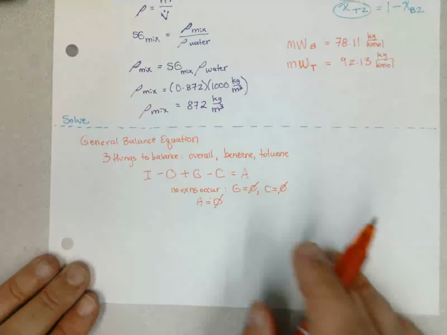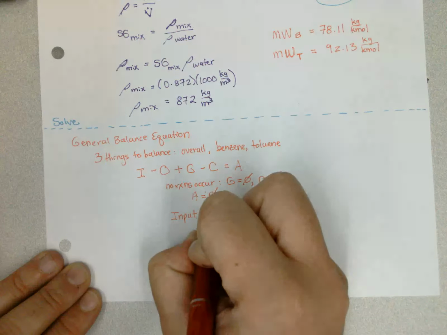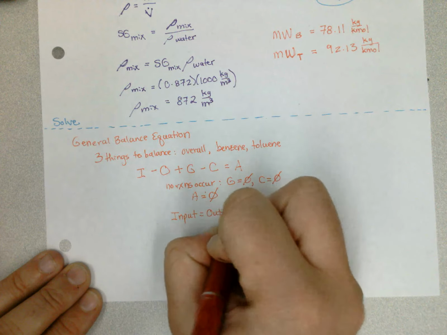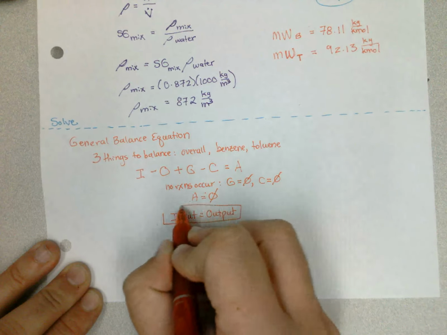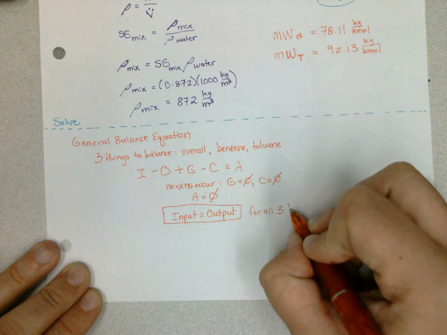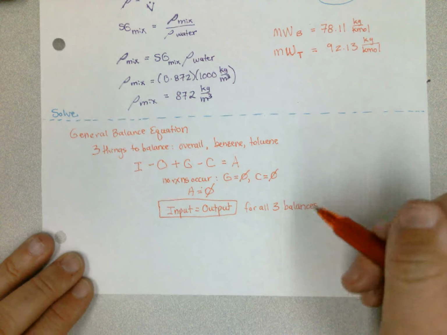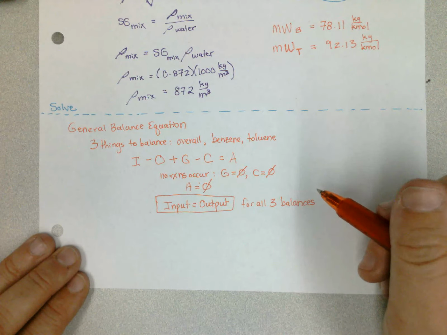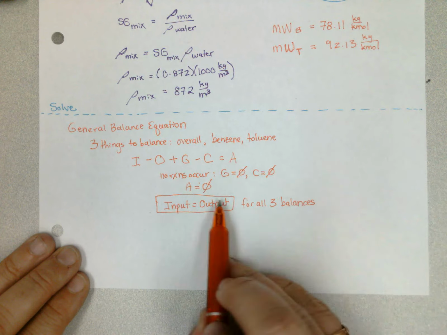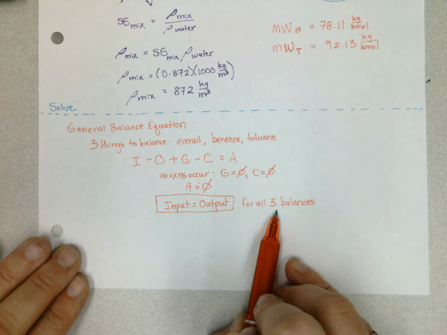So when we simplify this balance down and say that input equals output, for this particular problem, this holds true for all three balances. So remember our integral balance, that wasn't the case with air, right? Or hexane in that balance. But in this particular problem, we just did the check to prove it for all of them for ourselves.